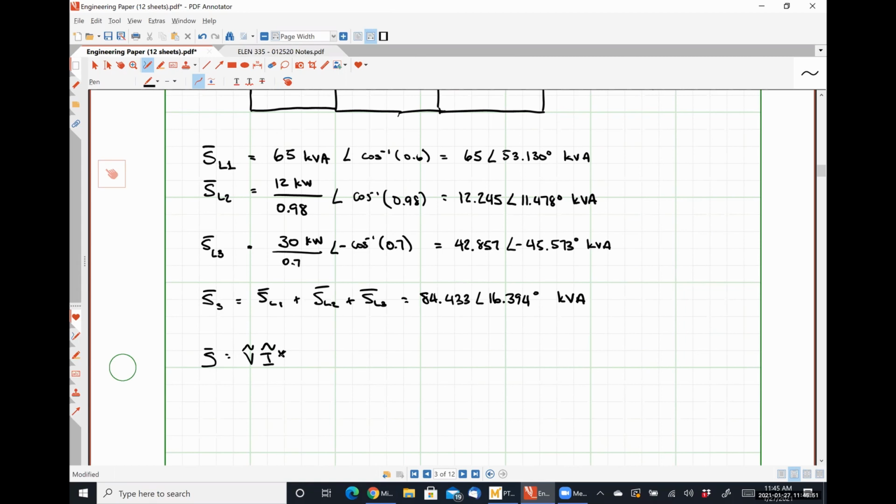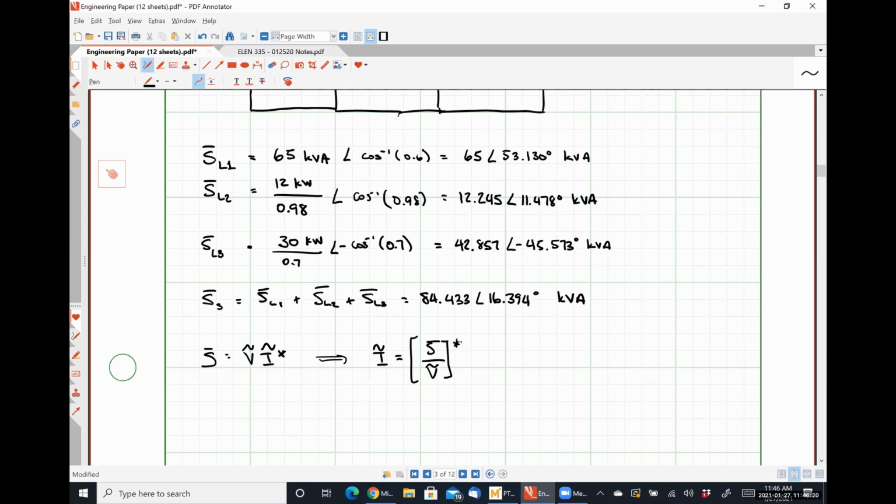Complex power inherently is the RMS voltage, which we know, multiplied by the complex conjugate of the RMS current. So I would argue then that just using simple algebra, the RMS current is the complex power divided by the RMS voltage conjugate.